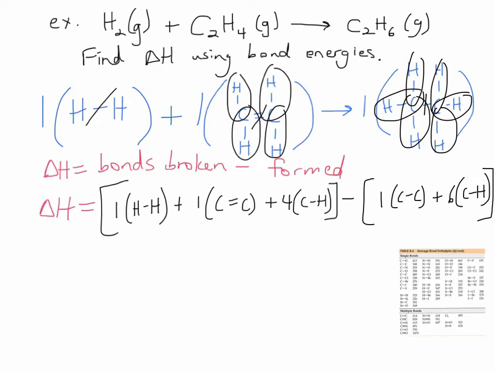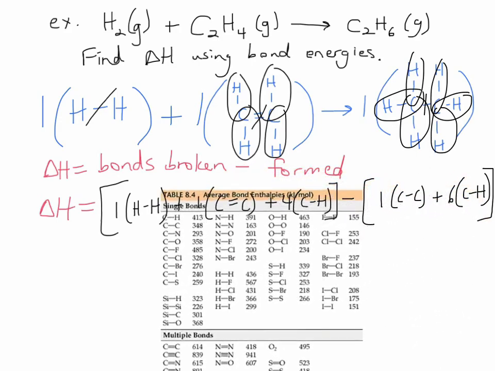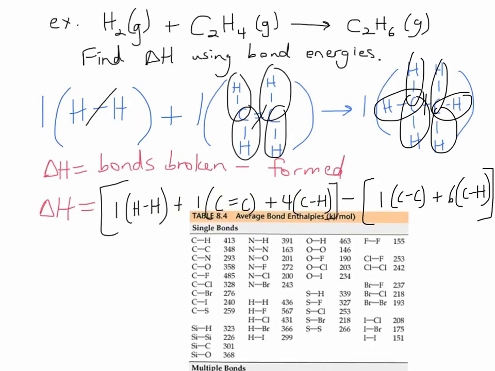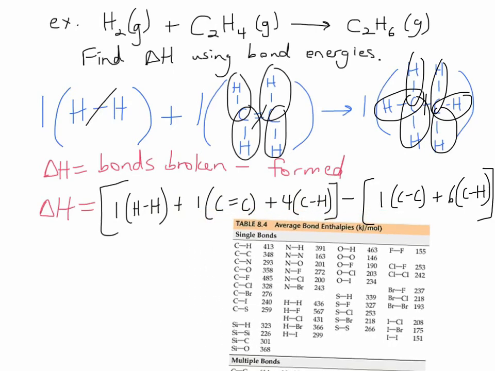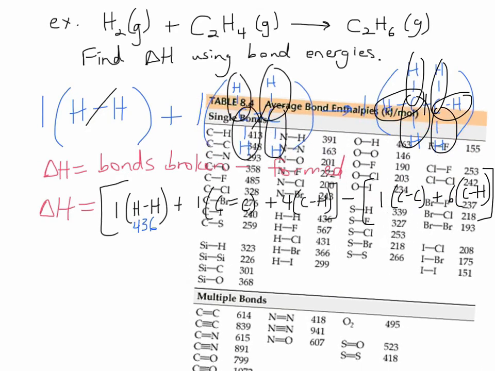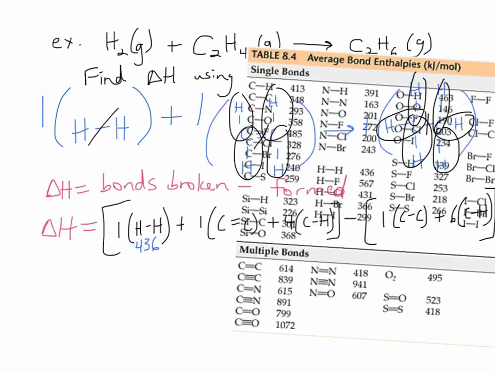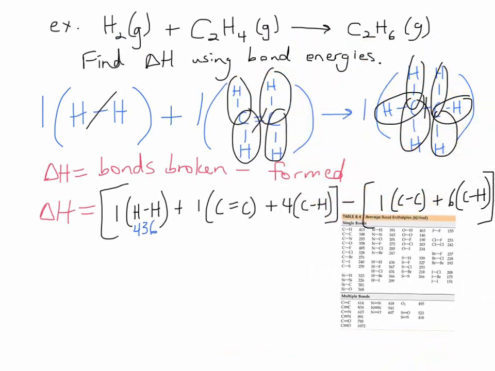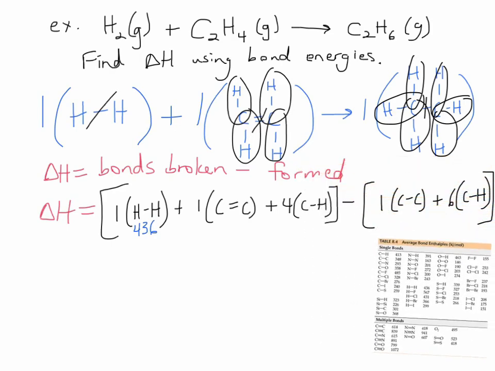Now I'm just going to go through and from my table, which I'll blow up here, I'm going to put in the numbers. So for H to H on the table, it says 436. I'll write that below it. That's H to H. C double bonded to C is down here. That was 614.